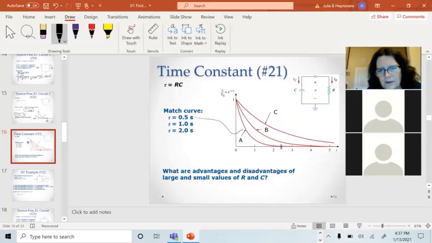This is A. Things that have longer time constants are going to take longer to settle. If you want something to settle faster, you decrease the resistance or you decrease the capacitance. You have to decrease the time constant, so you have to decrease R or C.